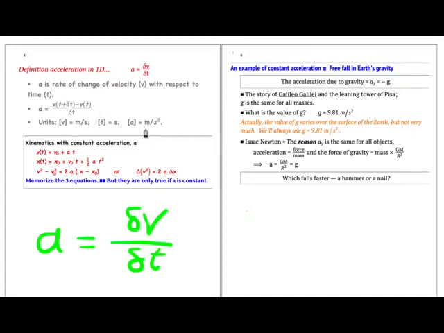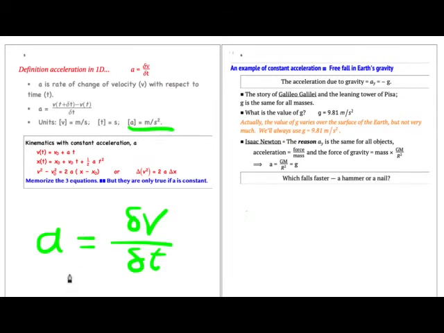That's meters per second squared. So the unit of acceleration is meters per second squared. We could say meters per second per second. But if we treat that as a fraction, meters per second divided by seconds is meters divided by seconds squared.